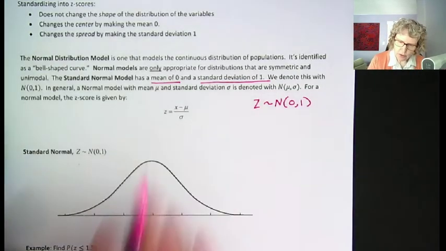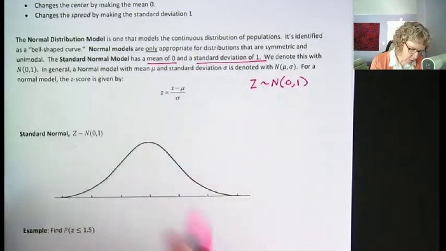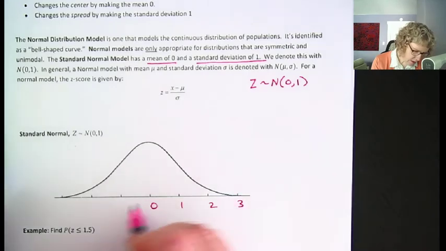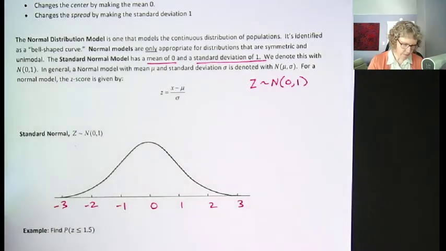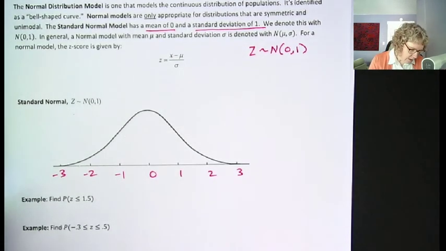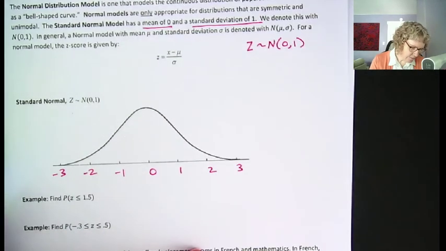And here's the z-score formula one more time. Okay, so 0, 1, 2, 3, negative 1, negative 2, negative 3. So that's our standard normal. I don't know what we would label this scale with.